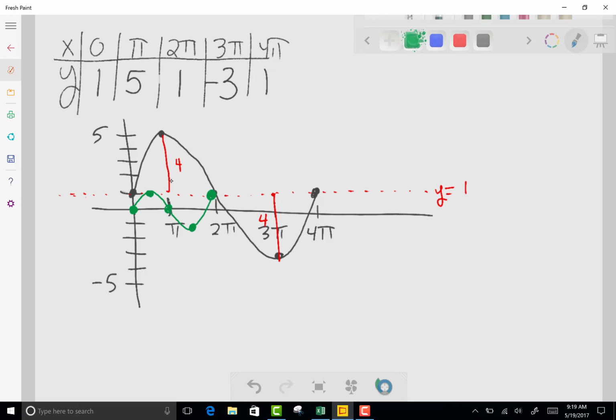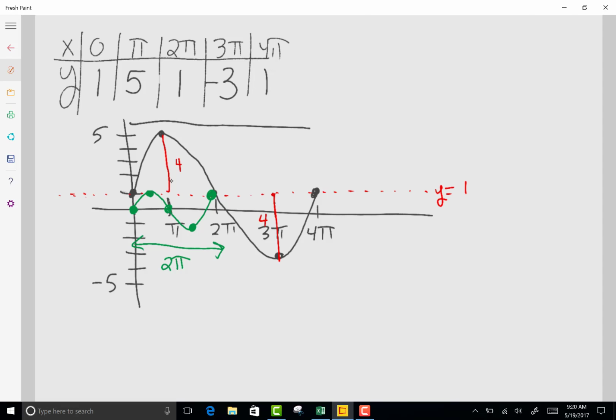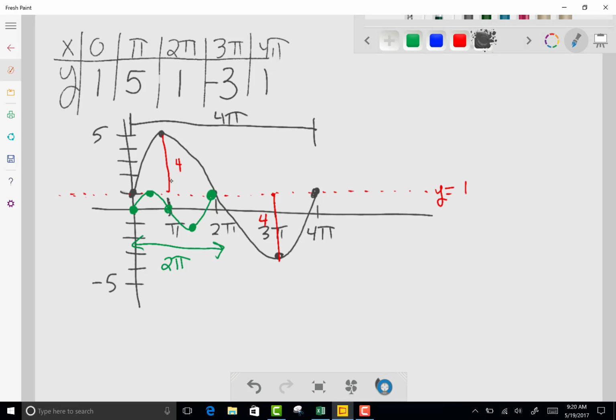So here's my mother function. You can see that my mother function has a period, or a length, of 2 pi. And then my translated function has a period, or a length of one cycle, of 4 pi. So it's been stretched out and doubled.